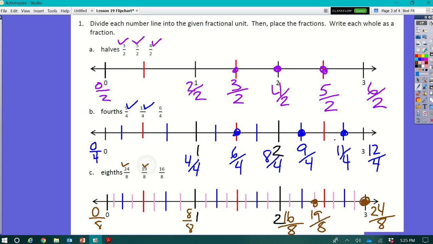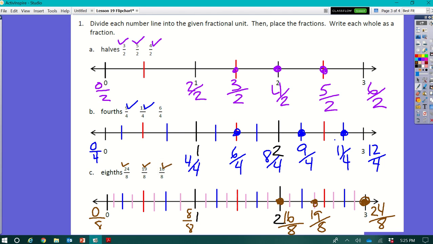Check it off that I found it. And then find 16/8. Well, that's easy. It's right at 2. I had to write mine to the side a little bit because I ran out of room on the bottom. But you can write yours right underneath there. So 16/8 is right at 2 wholes. So I'm going to check that off.